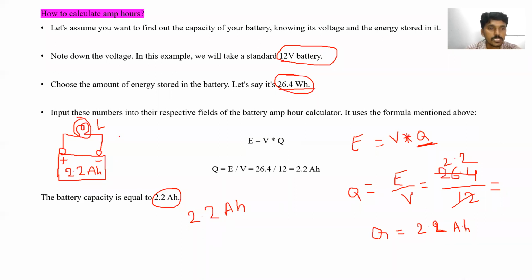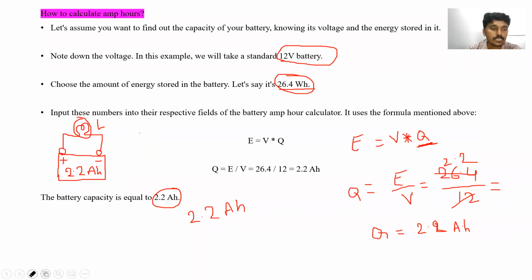If this load is taking a current of 2.2 amperes from the battery, it means this battery can supply this load for 1 hour only. Is it clear? Is it right?